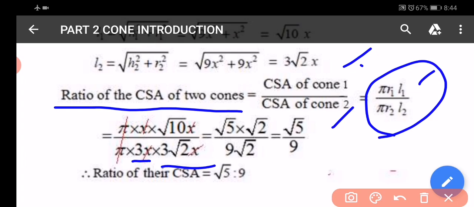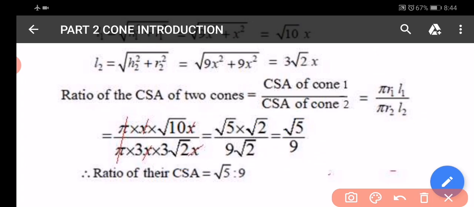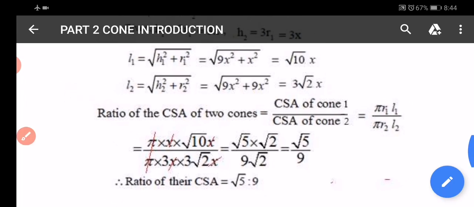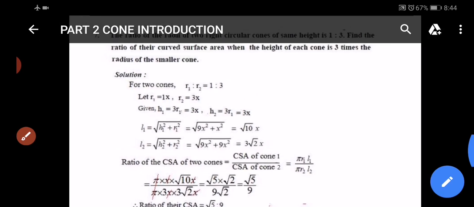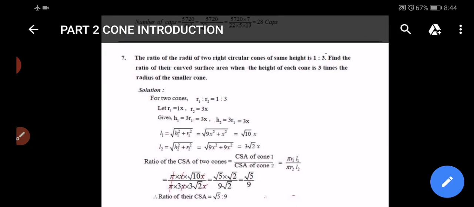We simplify it, pi cancels, x cancels, then simplify root 2 and root 2, we get the answer root 5 by 9. So it is in ratio form. Therefore the ratio of the curved surface areas is root 5 is to 9. So it is a very easy sum, if you understand it.